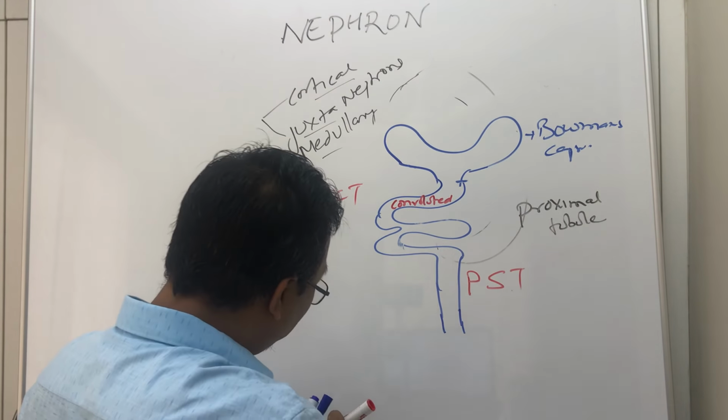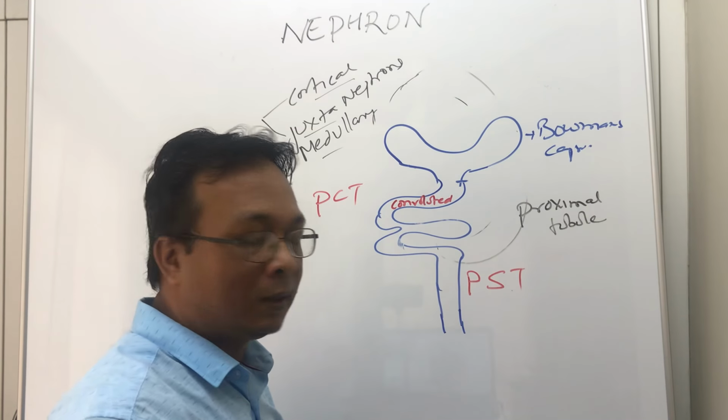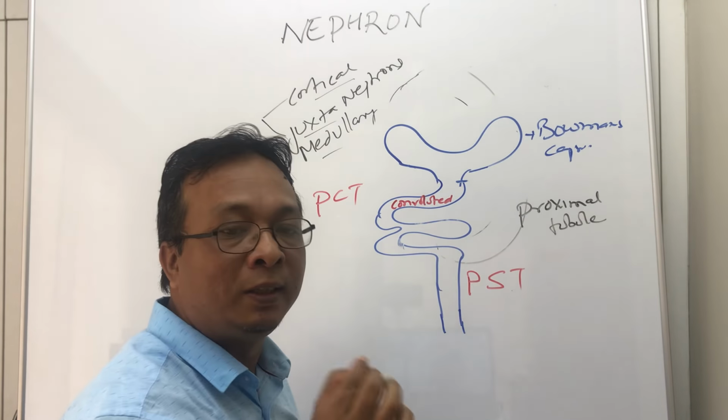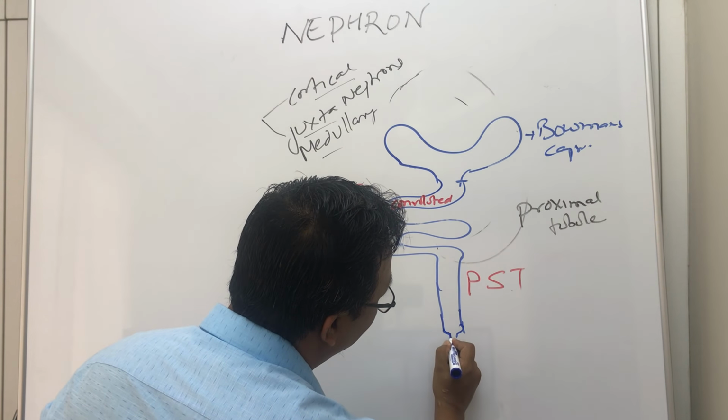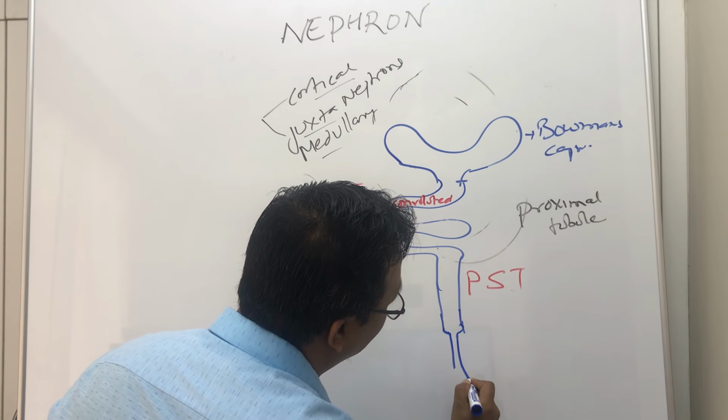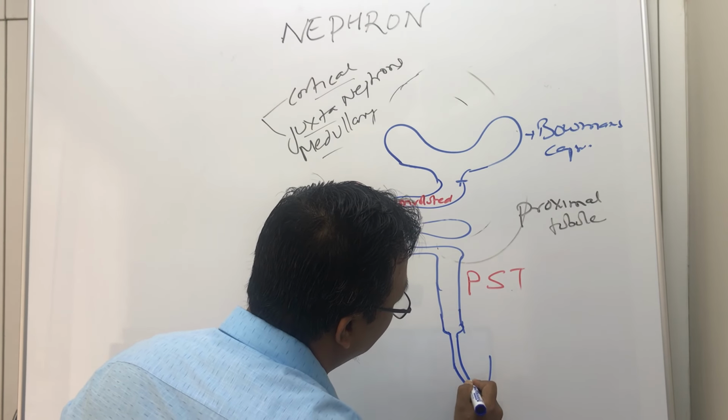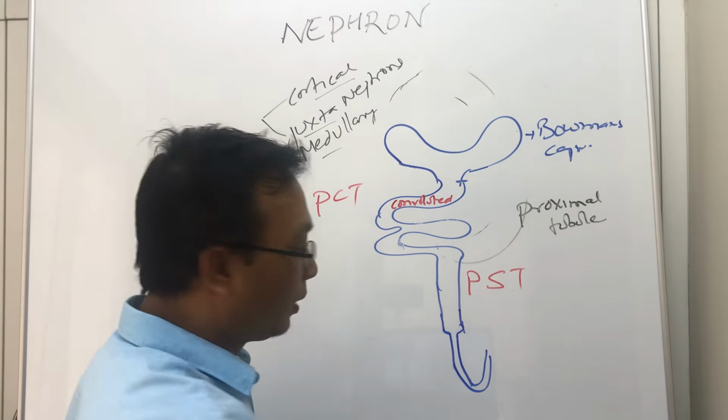Then as this tube goes down, suddenly this tube becomes very, very thin, and we call it the loop of Henle. It takes a sharp U-turn.